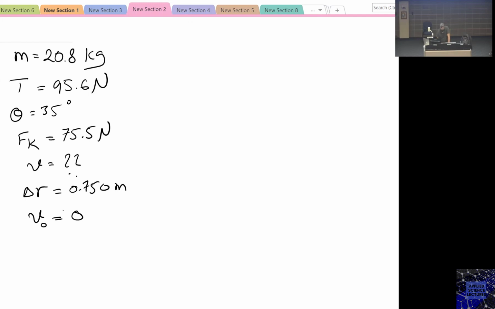So that's the wagon. This is the tension force. This is the horizontal, 35 degrees, or I can put theta here.